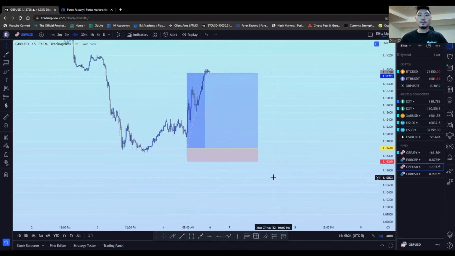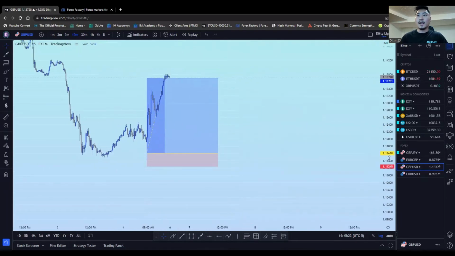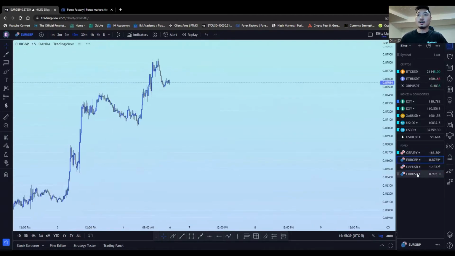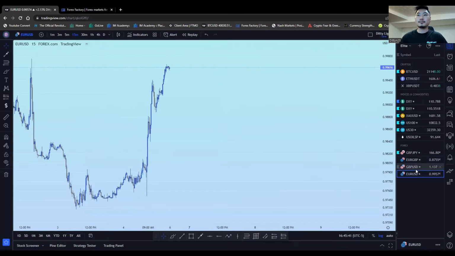So how to calculate the pip count on GBP USD? Other traders can say GU, so the first letter of the first currency and the first letter of the second. Okay, GU, or let's say here GJ or EG or EU.